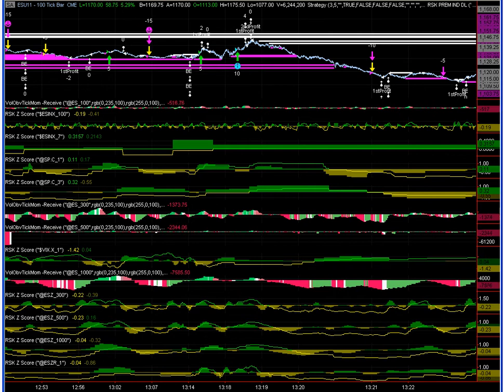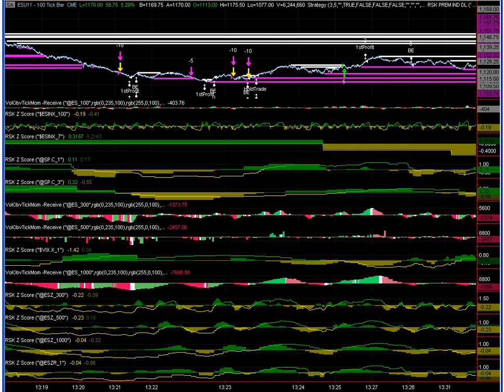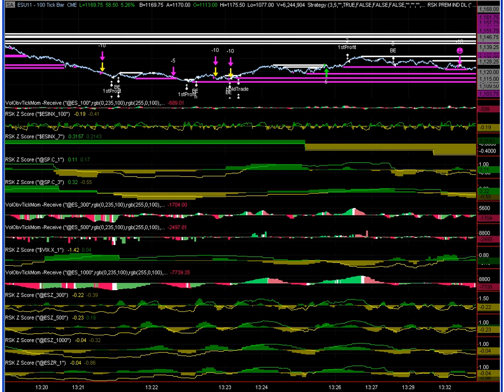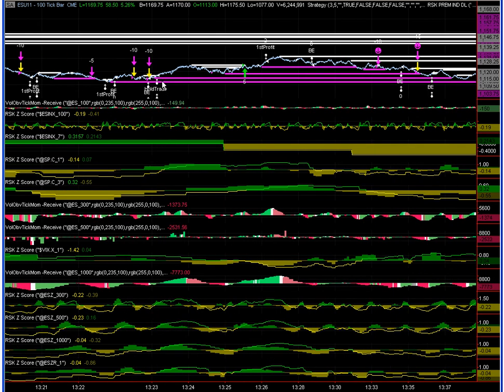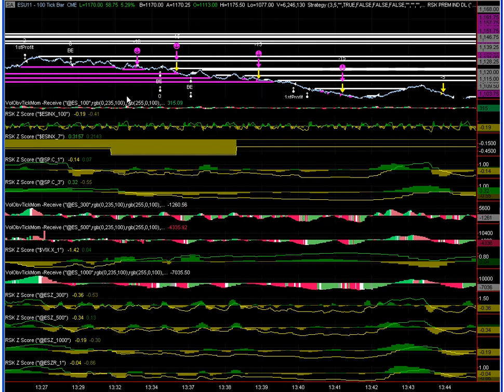So we missed a good portion of that move, picked it up, hit our first profit targets, and then broke even, exited on a hold trade here, ran up nicely, then came back down. Then we started picking up the trades thereafter.